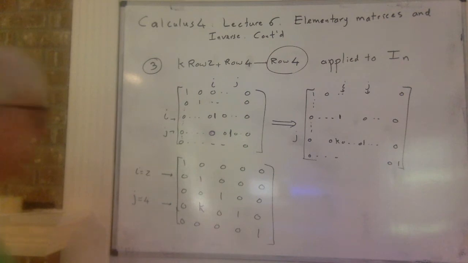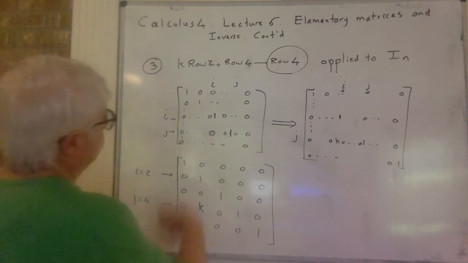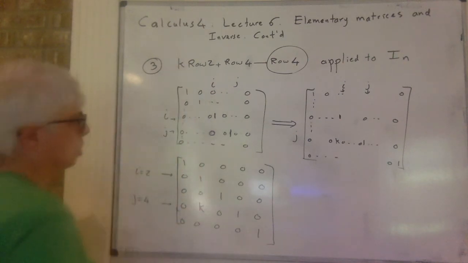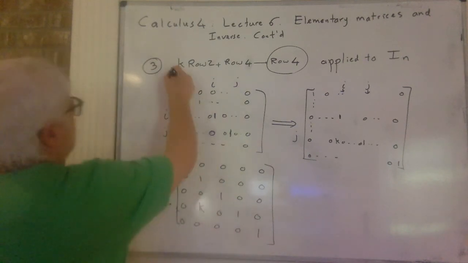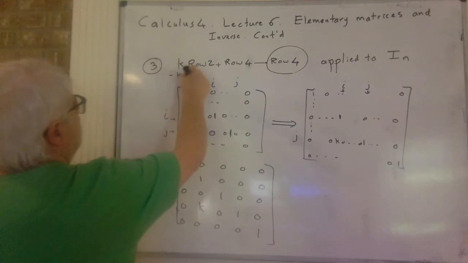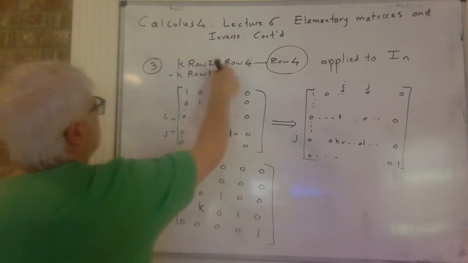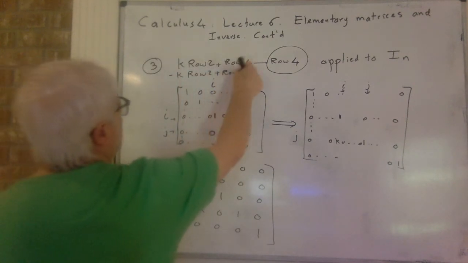Now what do you think the inverse of this is? The inverse is just minus k times this. So the inverse of this is minus k times row 2 plus row 4 goes to row 4.